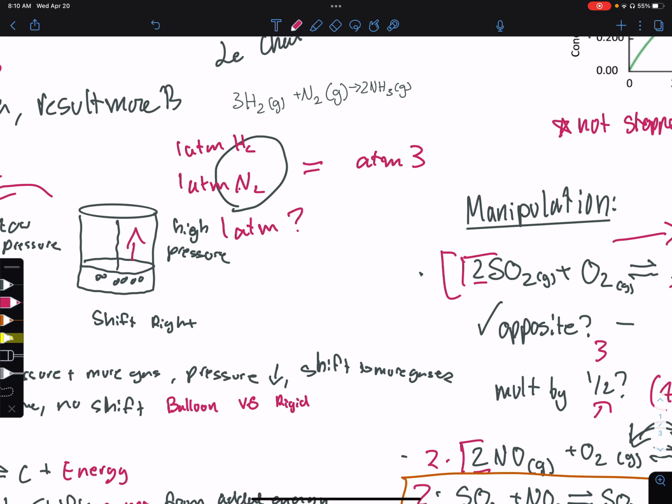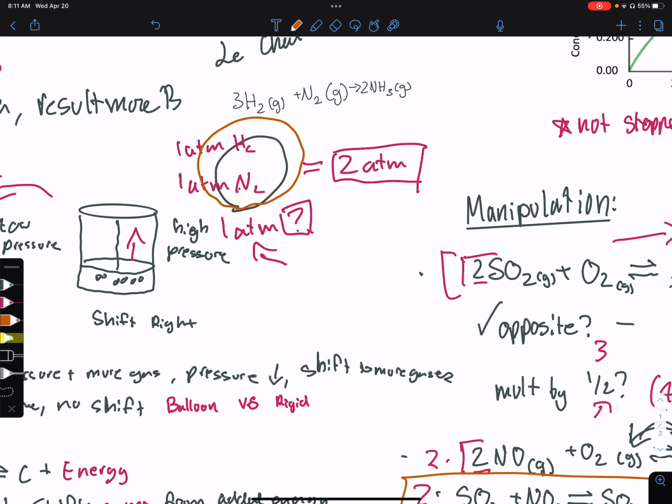But the thing is, wait, no, actually, hold on. The total pressure within the balloon stays the same because the volume is changing. This is really complicated to explain, but essentially, if you wanted to keep a total pressure of 2 ATM, and we added another ATM of some third gas, what happens is that the balloon expands to become bigger.